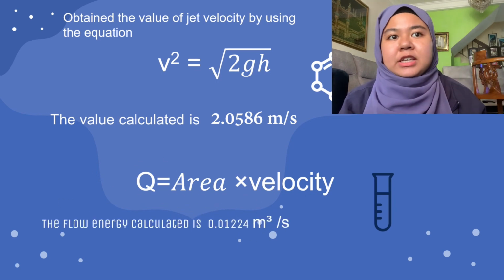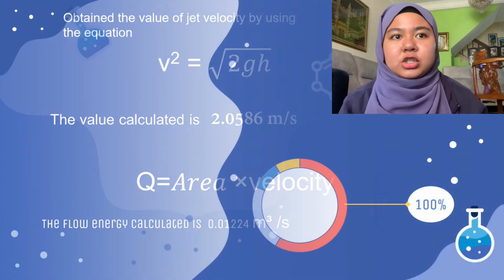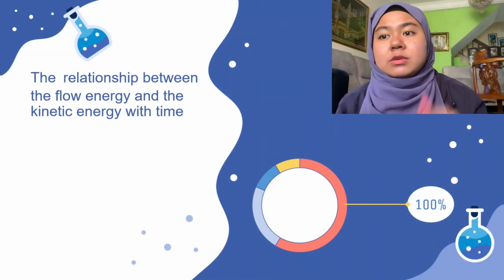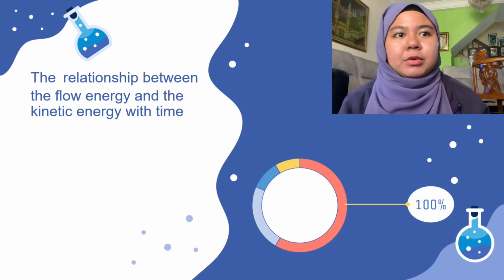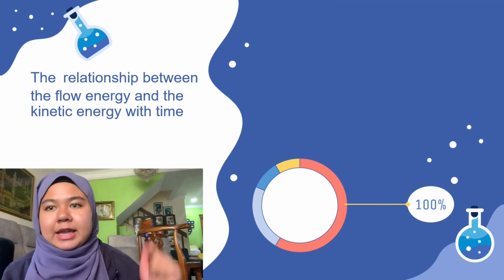More specifically, the experiment was done in order to see the relationship of flow rate and kinetic energy with time, and based on the result and the graph plotted, we were able to conclude that as time increases, Q will decrease, and at the same time kinetic energy will decrease.